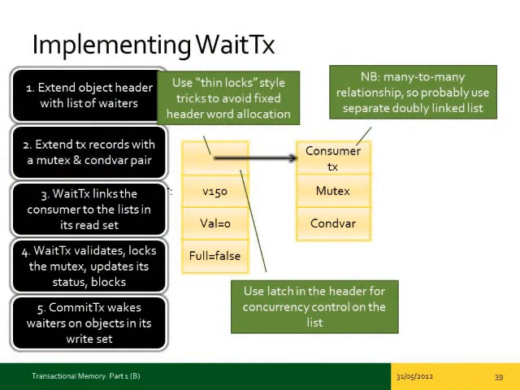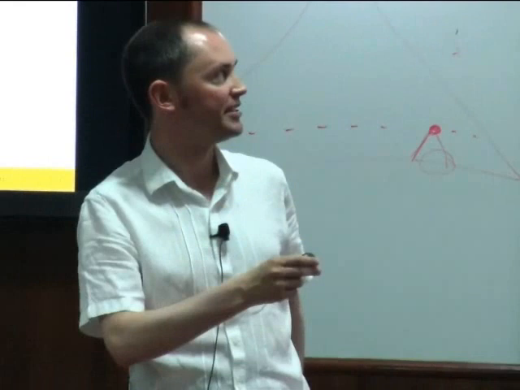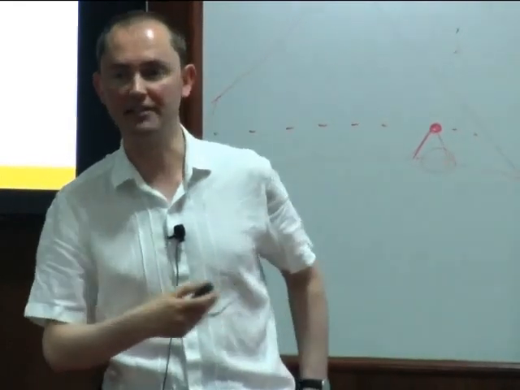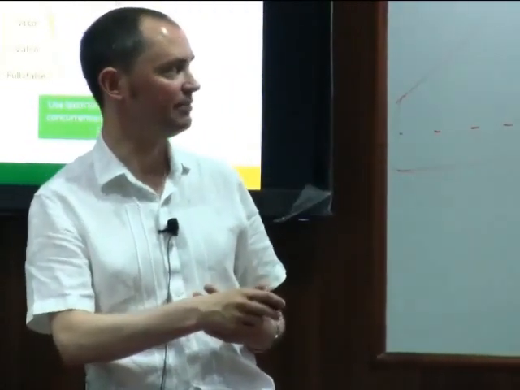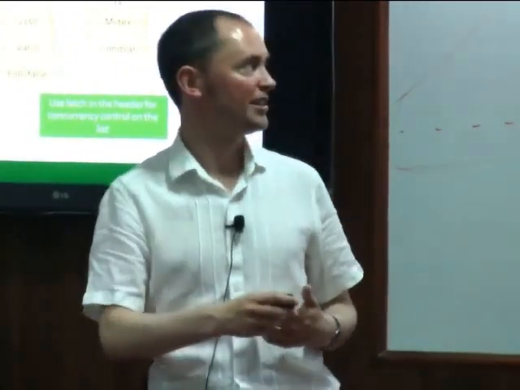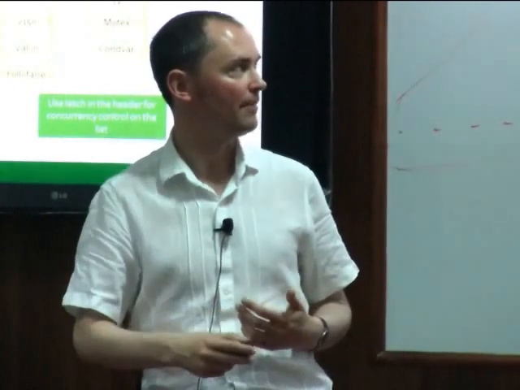In practice, the technique we use for managing these header words is based on the thin locks idea from many JVM implementations. We start out by not having additional header words on the object, and only when we access an object inside a transaction do we add space for the version number, and only when we block on an object using retry do we add space for the wait list.